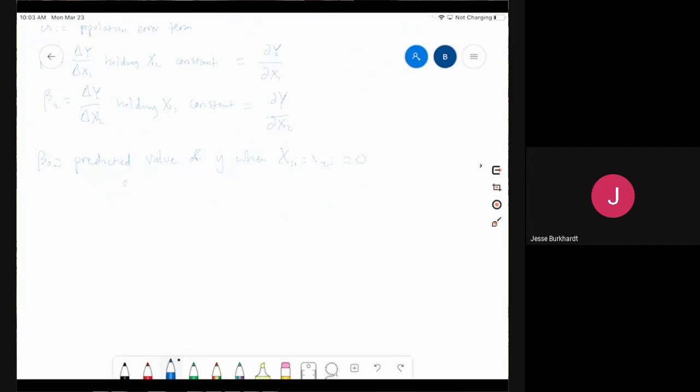The predicted value of y, or y bar, when x1i equals x2i equals 0.